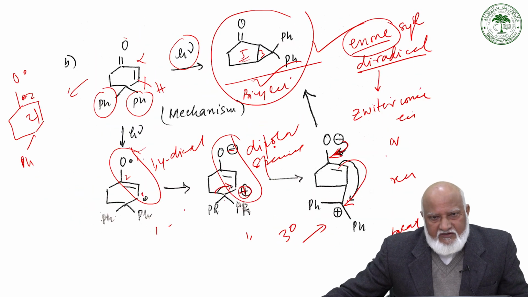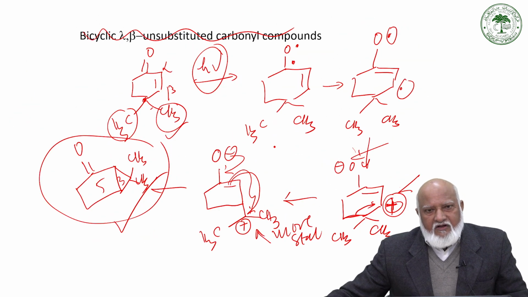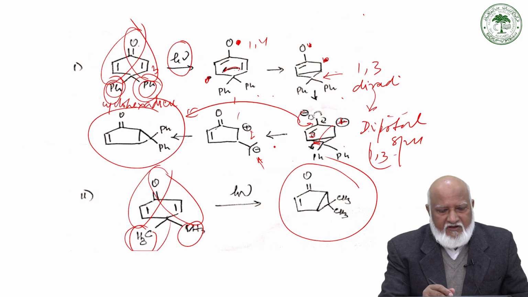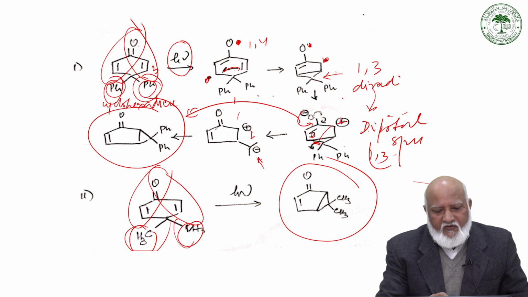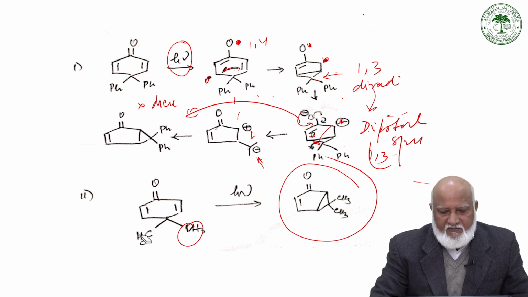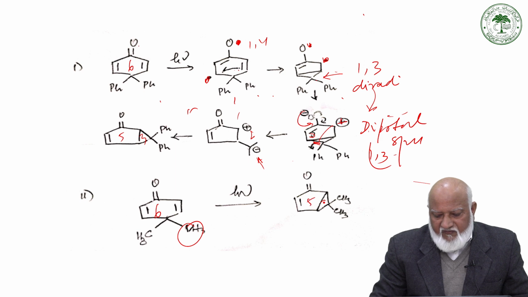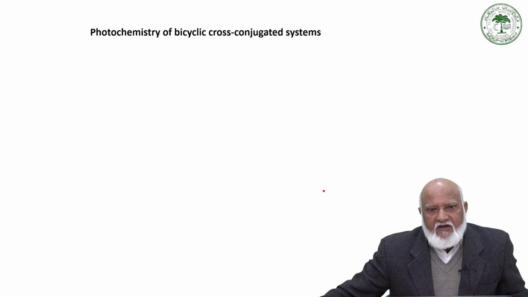So cyclohexenone 4,4 disubstituted with either an alkyl group or an aryl group, or the cross conjugated dienone 4,4 disubstituted with either an alkyl group or an aryl group, undergo a similar type of rearrangement, giving a 6-membered ring going to a 5 and 3.